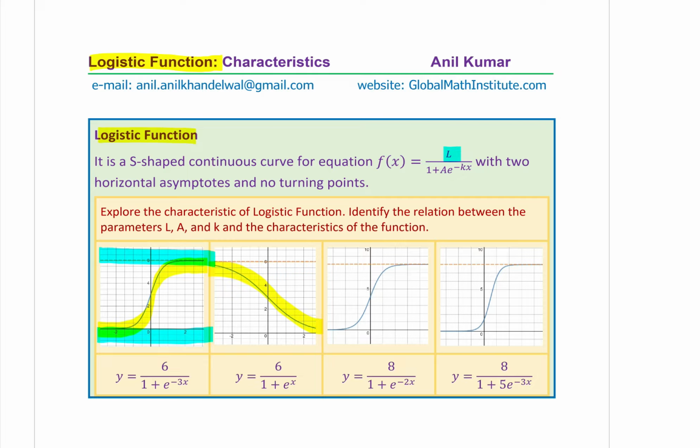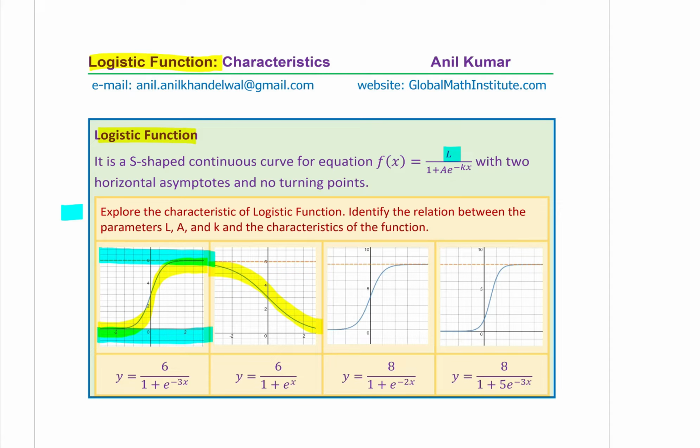Now, here we have a few graphs. With the graphs, I have also provided the equations. You can look at these equations, correlate them with the graph, and from there you will understand how each equation is related to the graph itself. So the idea here is to explore the characteristics of the logistic function and identify the relation between the parameters L, a, and k and the characteristics of the function.